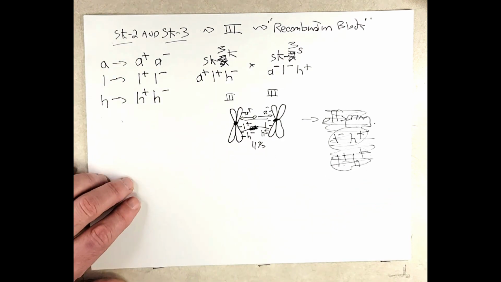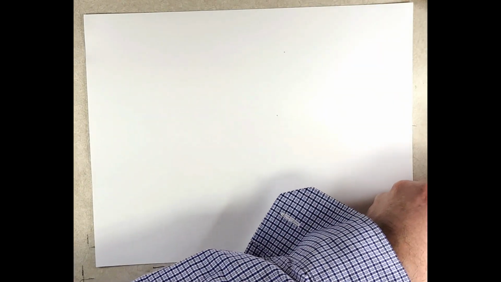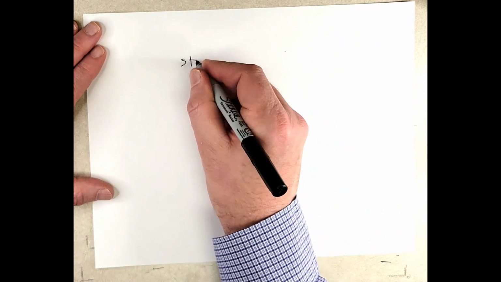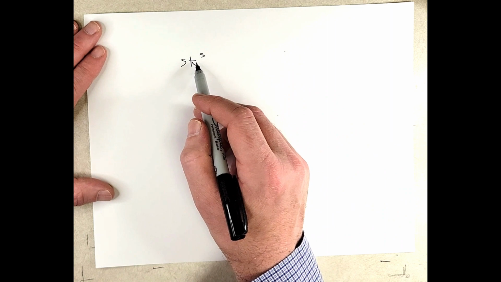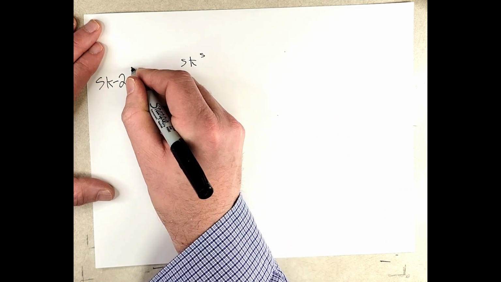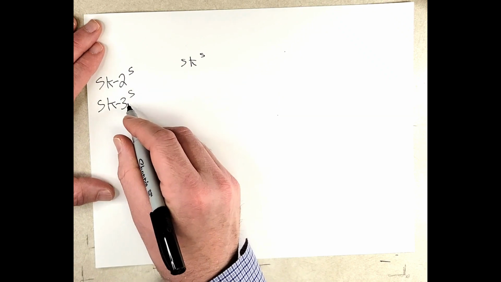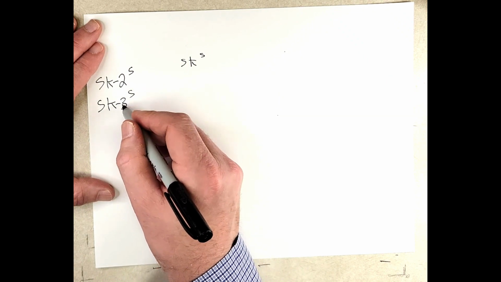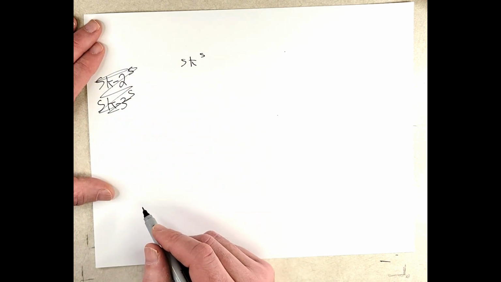Now let's just look at the control cross so I can emphasize this point. Their control cross was they just took SKS strains, either SK2, it doesn't matter, they're always the same, right? So I've been labeling these SK2S for sensitive to SK2 and SK3S for sensitive to SK3, but essentially it's just the same strain. It's just sensitive to both.